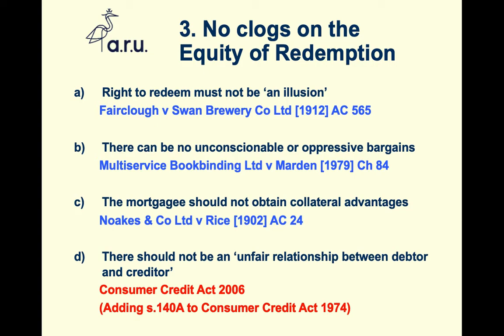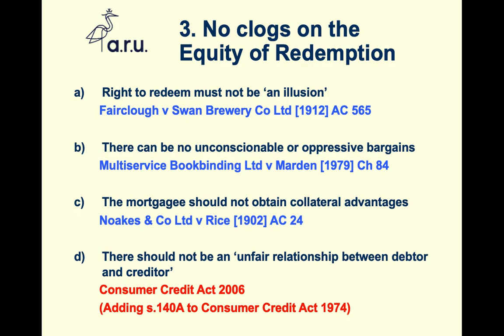So the courts will reopen what they refer to as an extortionate credit bargain if it contravenes principles of fair dealing. And the 2006 Act goes further than the 1974 Act, which just related to extortionate credit bargains and contravening principles of fair dealing. The 2006 Act actually looks to the relationship between the debtor and creditor.